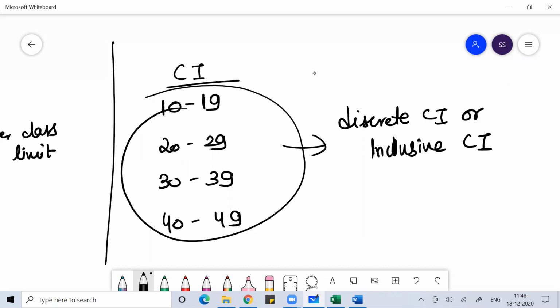So in statistics, guys, please listen to this very carefully. Everything we are discussing is a part of normal distribution.